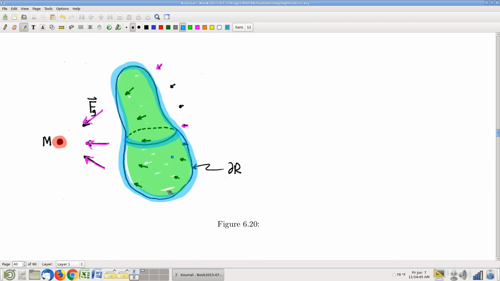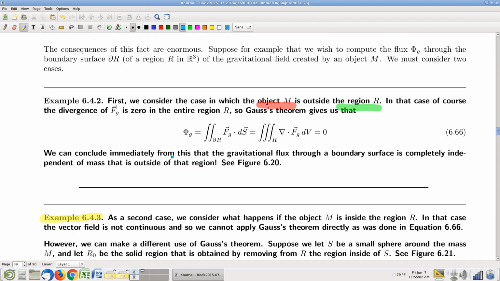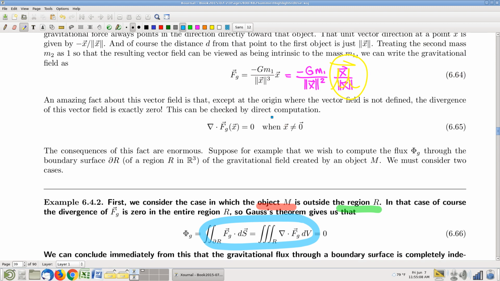So the flux of that gravitational field, even if it's just a single particle, through this boundary surface looks like a really hard calculation. But it's not. It's a really easy calculation, as it turns out, because after all, flux is a triple integral of divergence. Divergence is 0.